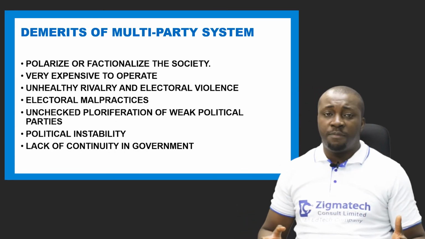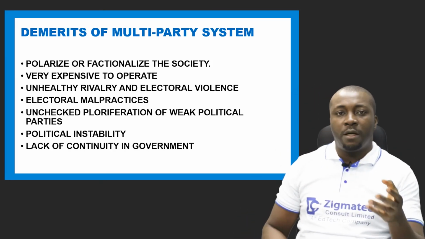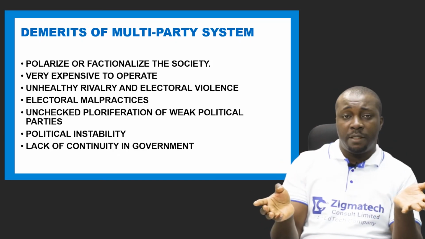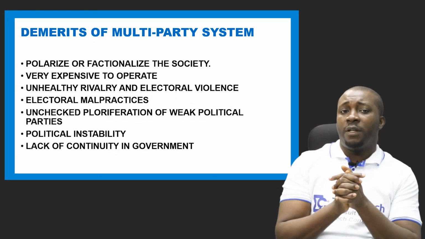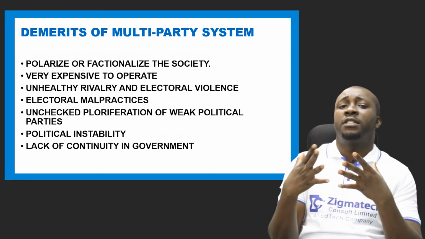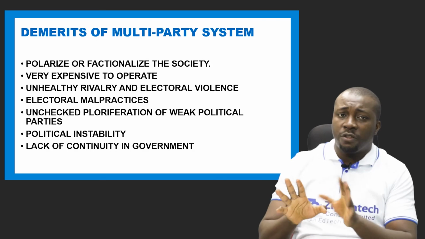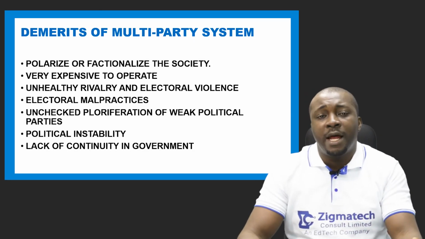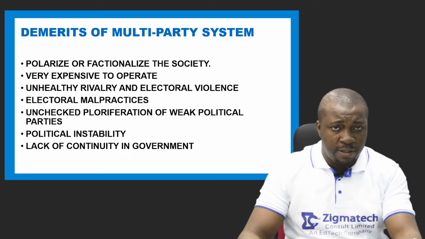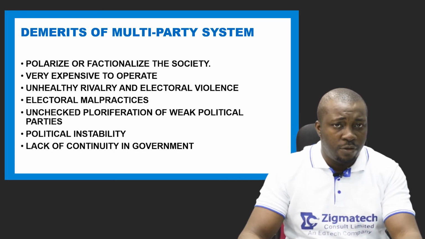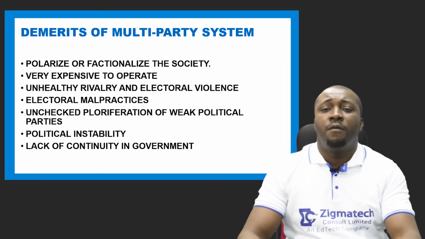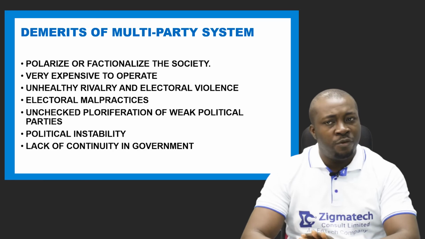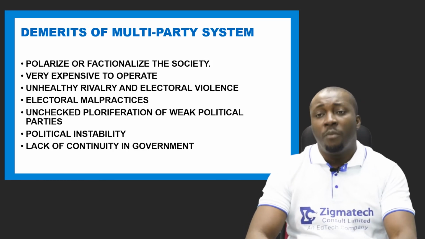Why do we say it's very expensive to operate? This is because the government gives grants to recognized parties. Then the cost of election, because this time the competition is stiffer. The cost of campaign will be more expensive. Even the electoral material like ballot paper will cost more to print. Now, we have unhealthy rivalry and electoral violence. It's usual, you normally see this wherever you have multi-party system.